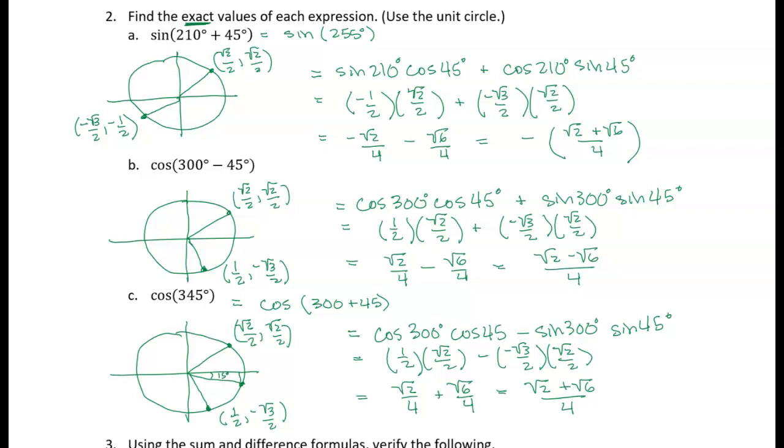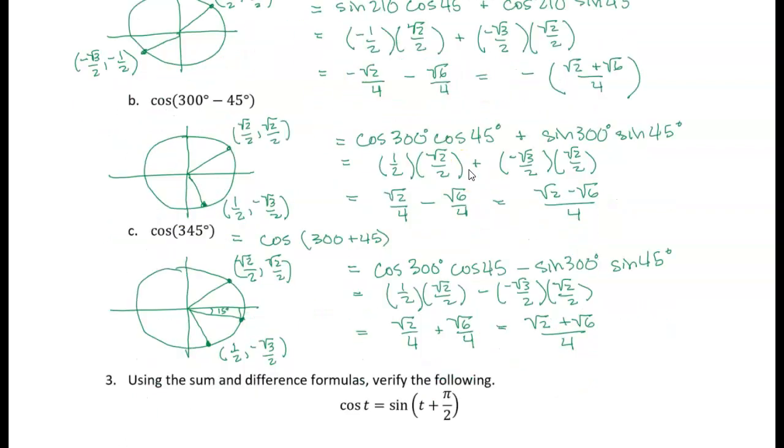So we could have just gone back to example 1 and said the cosine of 15 degrees is going to be the same as the cosine of 345 degrees because they're both on that positive side of the x-axis. We could have just copied the answer and not gone through all of this. I'm just noting that as an aside.